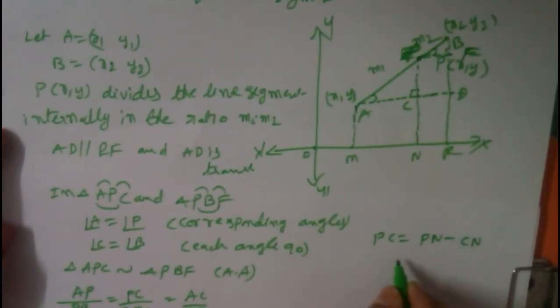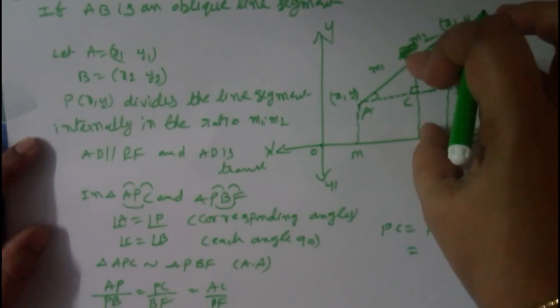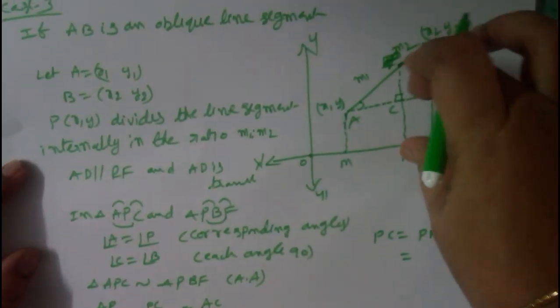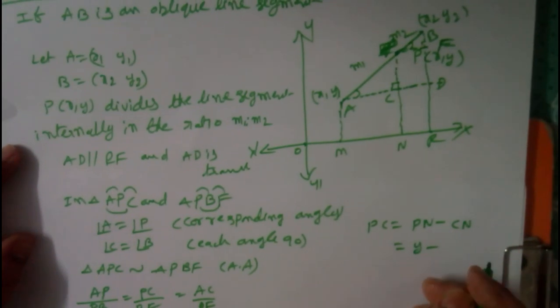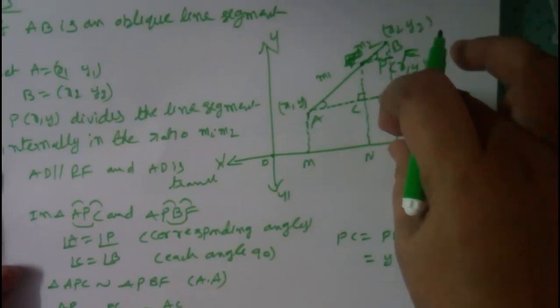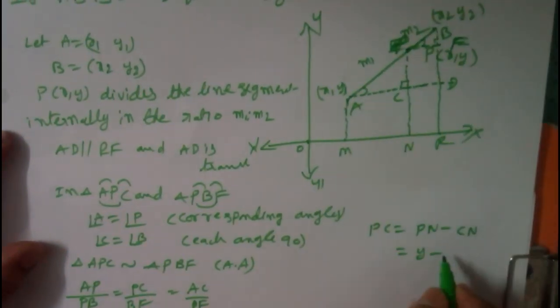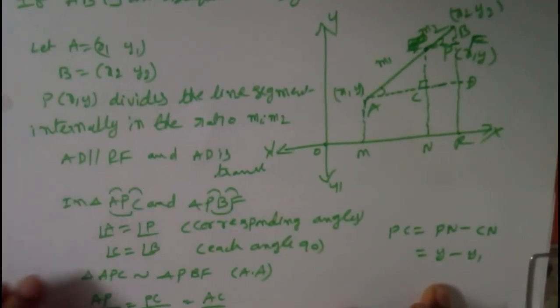What is the PN value? PN is Y, minus the CN value. What is the CN value? CN value is Y1, so Y minus Y1.